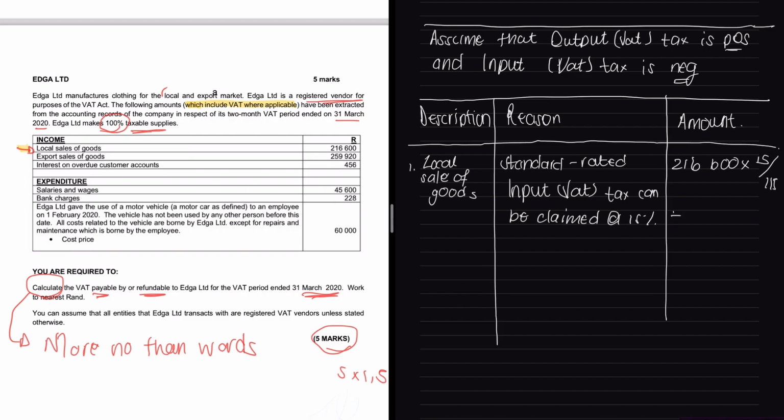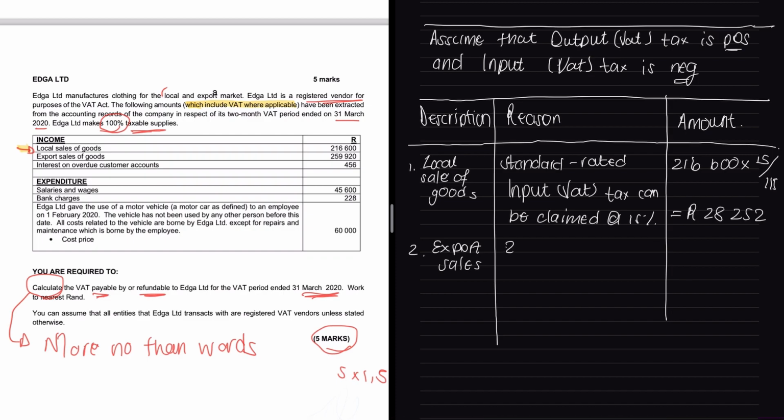All amounts are inclusive of VAT. Let's put that into our calculators. Multiplied by 15 divided by 115, and you should get an amount of 28,252.